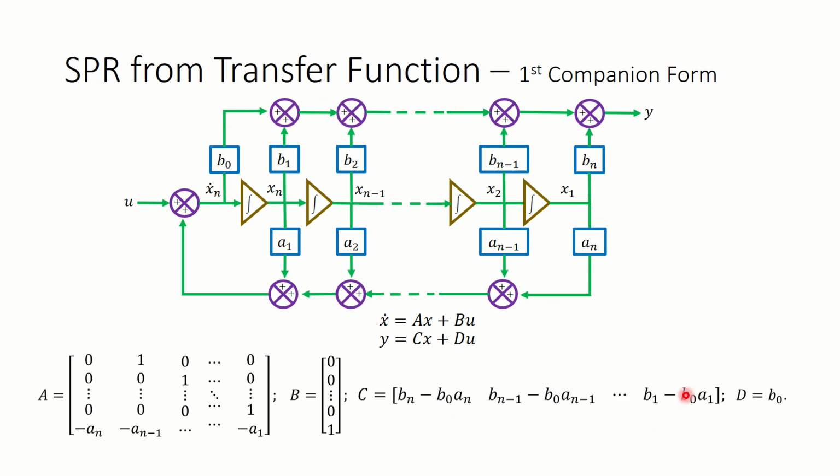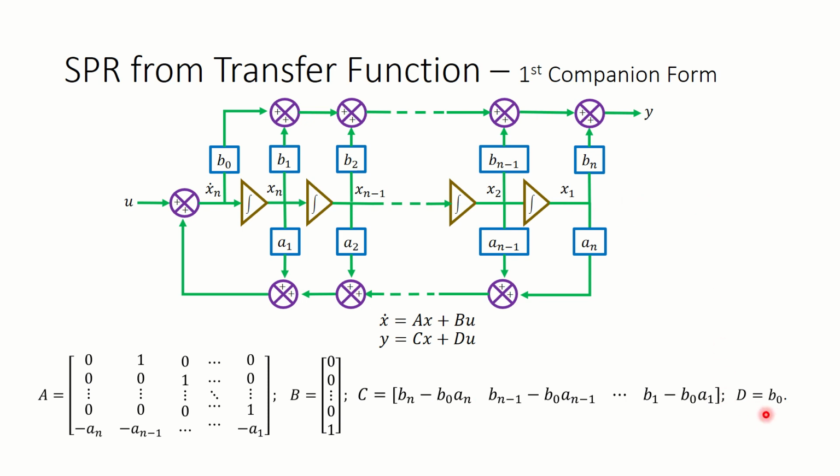So it will give the same equation, the same SPR getting represented by this block diagram. So instead of scaling all these things by minus b0 an, minus b0 an minus 1, putting all this here, we have simplified it a bit by taking xn dot, passing through b0 and adding it to all this. So that is equivalent to including these terms minus b0 ai in all of these blocks.